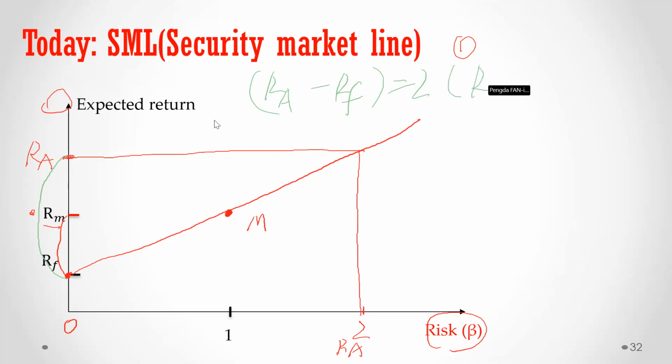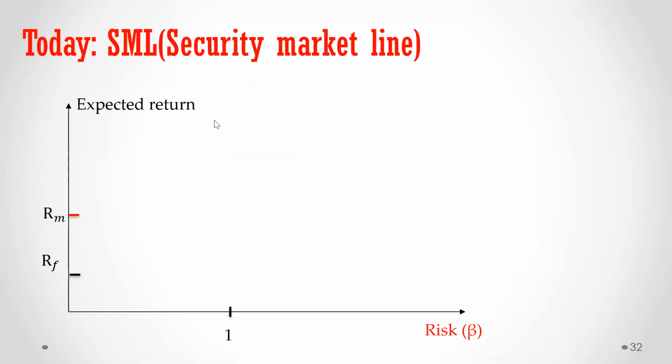The market risk premium is the market's expected return minus the risk-free interest rate. So this is exactly the beta, because the price of 1 unit of beta is the market's risk premium, and because this asset A's risk measure is 2, the total risk premium is 2 times the market's risk premium. Okay, so this is a quick summary.